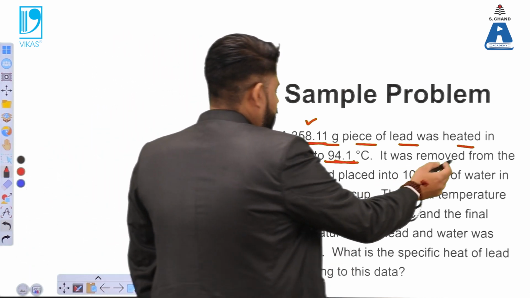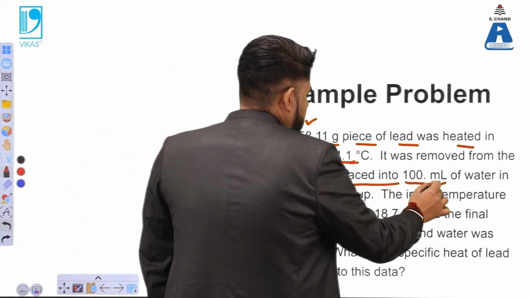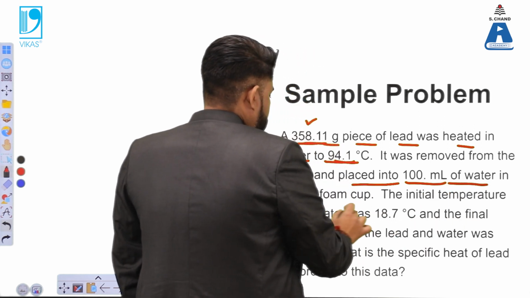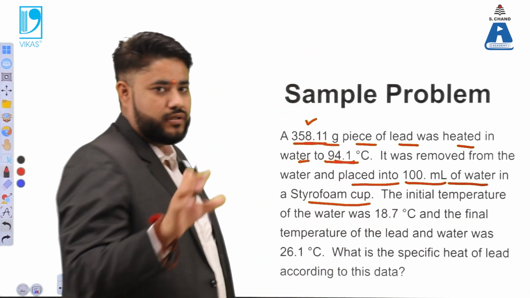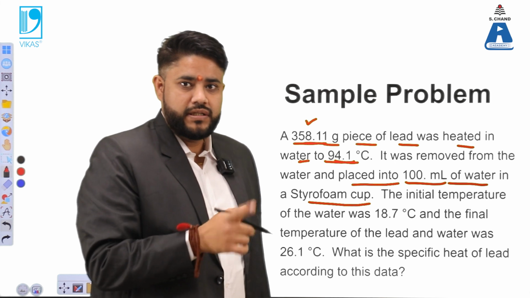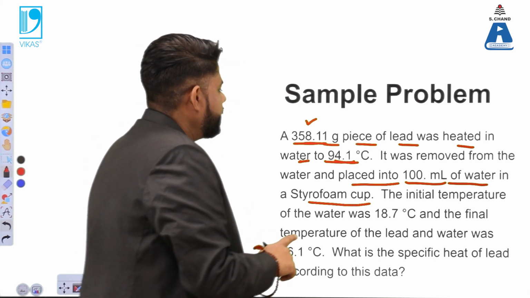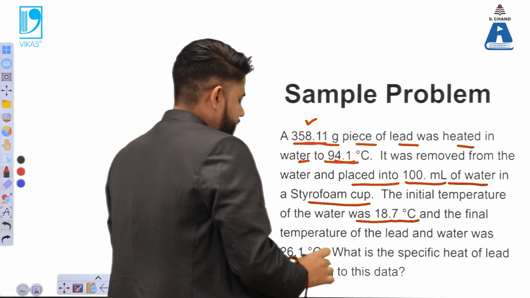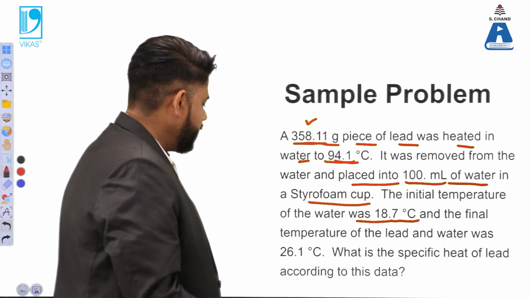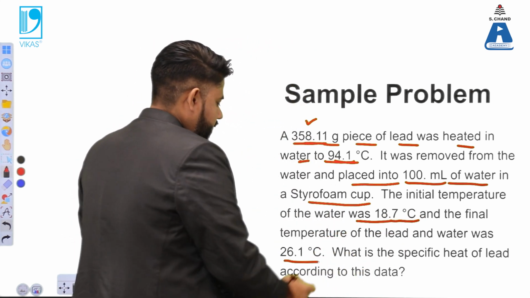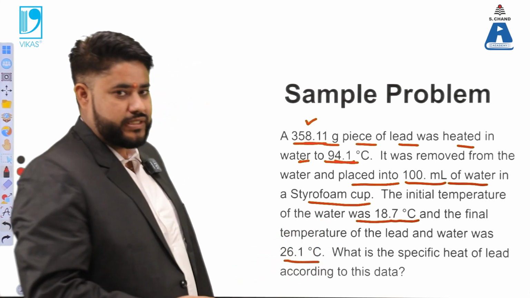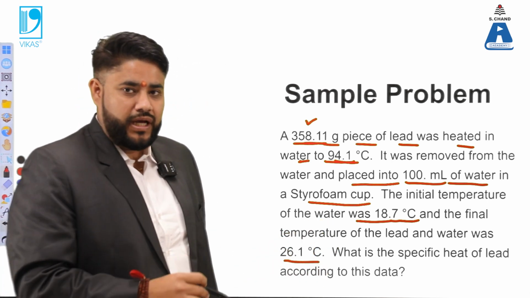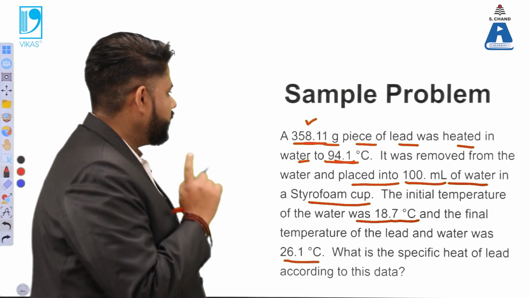So, it is removed from the water and placed into 100 ml of water in a styrofoam cup. So, we have a coffee cup, that is basically the styrofoam cup, and the initial temperature of the water was 18.7 degrees Celsius and the final temperature of the lead was 26.1 degrees Celsius. So we have temperature changes in the case of that metal and temperature changes in the case of water.